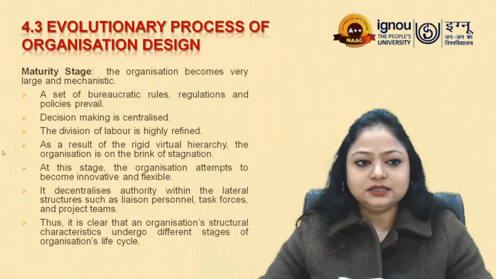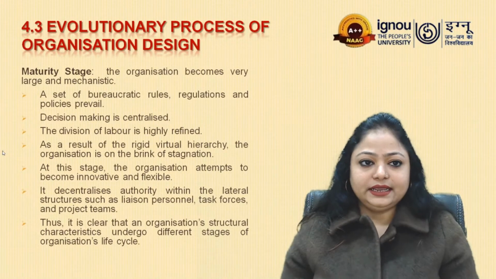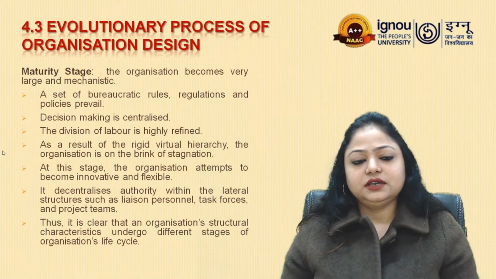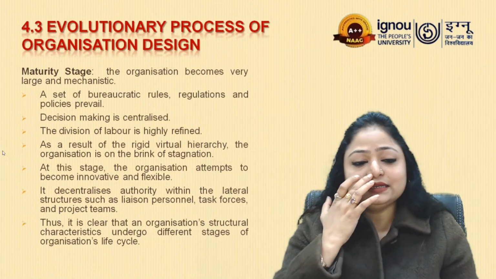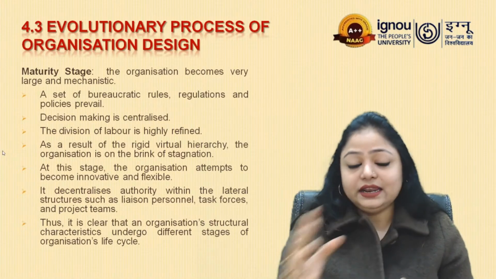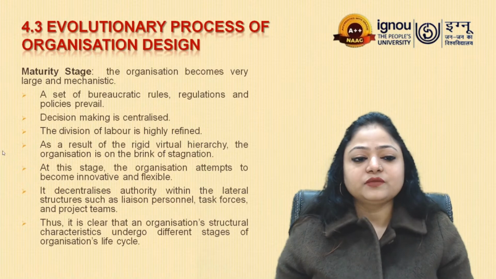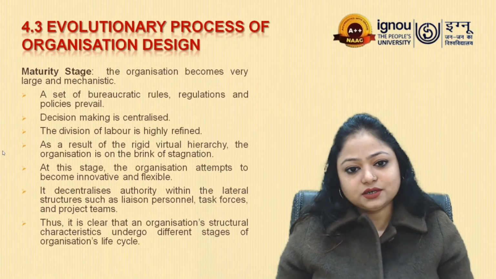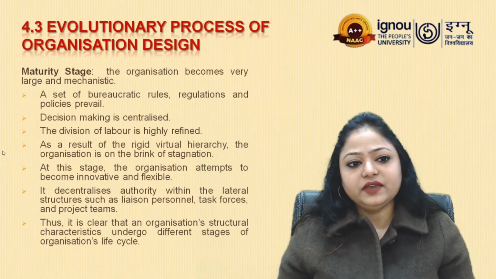Now the final stage of the organizational evolution process in organizational design is the maturity stage. In this stage, the organization has become very large and mechanistic. There is a set of bureaucratic rules, regulations, and policies prevailing.